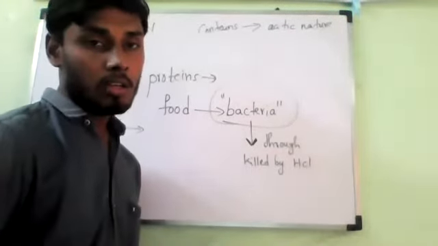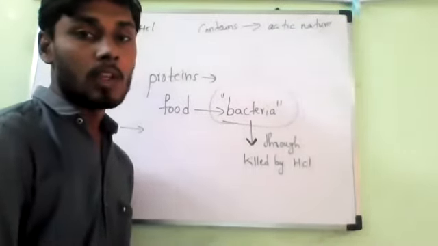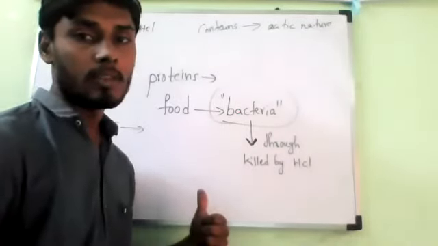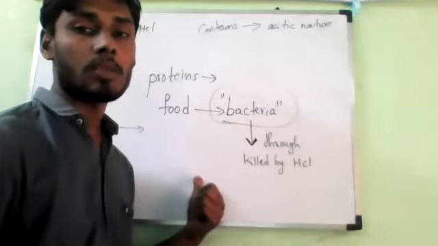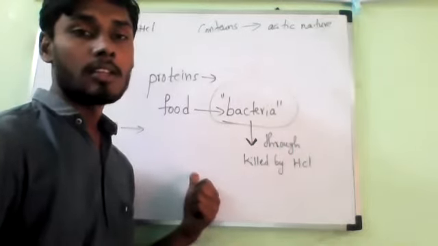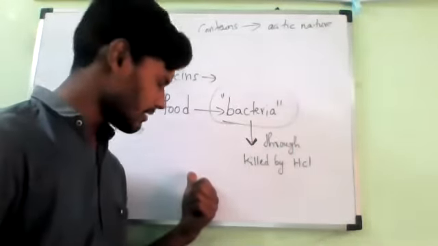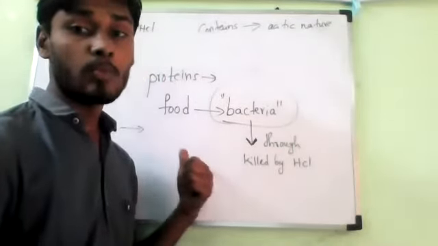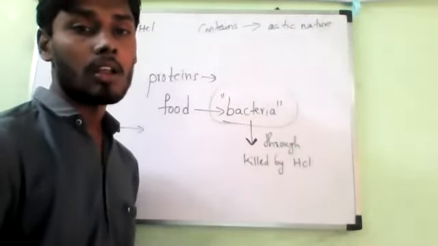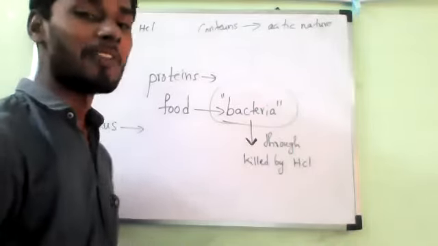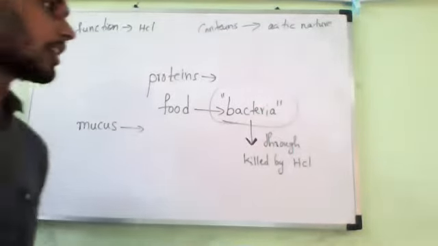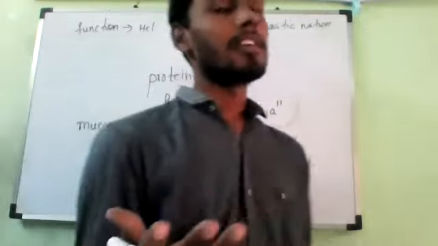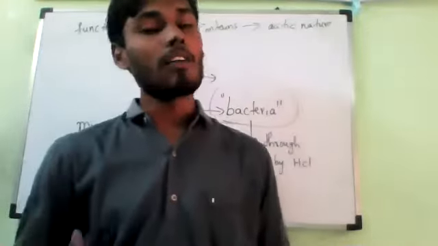Now if you observe, this mucus is the third substance present in gastric juice, which helps to protect the stomach wall from its own secretion of hydrochloric acid. Actually, hydrochloric acid doesn't differentiate between our organs.